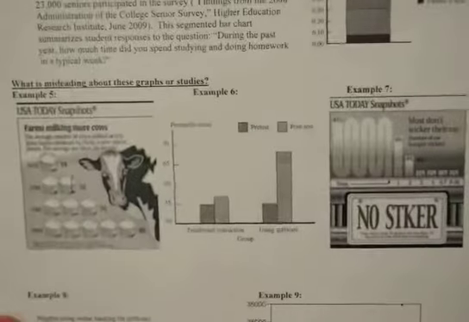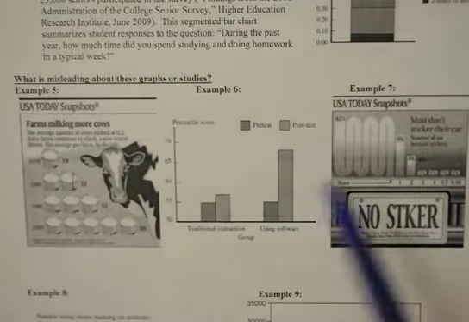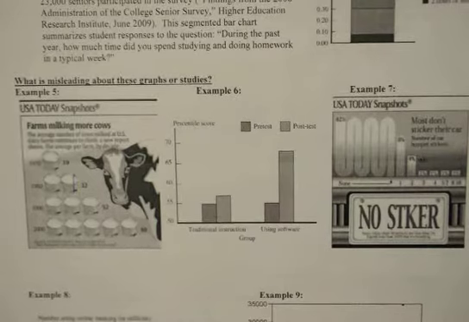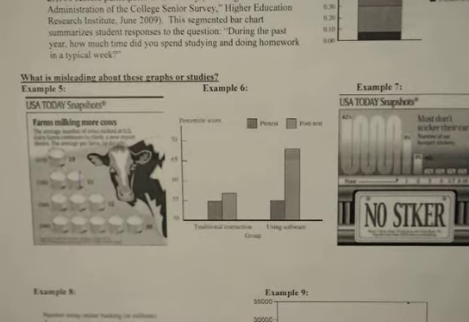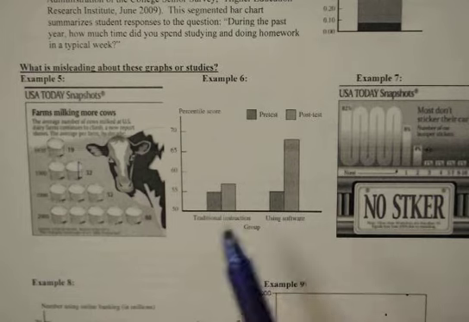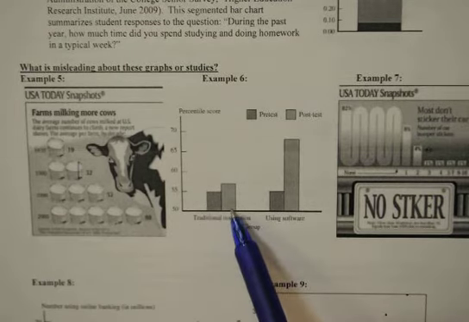Next, example 6. Let's take a look at this. What is wrong with this? So apparently somebody did a study and they surveyed people that took a traditional experience. They did a pre-test and a post-test.